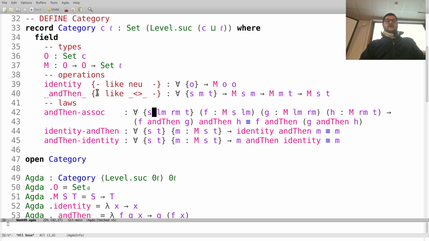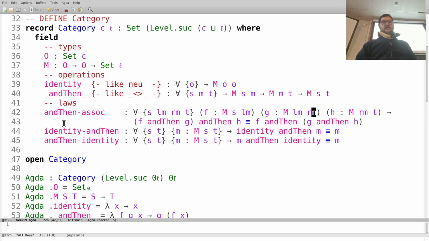And the laws are essentially the same. So we required diamond to be associative, so no and then is associative. The only thing we need to be careful about is that now we have these boundary informations that we're carrying along, and everything needs to match up to align perfectly for these operations to be defined.